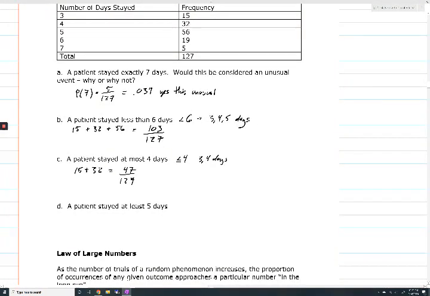And then at least 5 days is greater than or equal to 5, so that gives us 5, 6, or 7 days. And we had 56 people, 19 people, and 5 people respectively, for a total of 80 people who stayed at least 5 days. And then we divide those all by the total number of people that stayed.